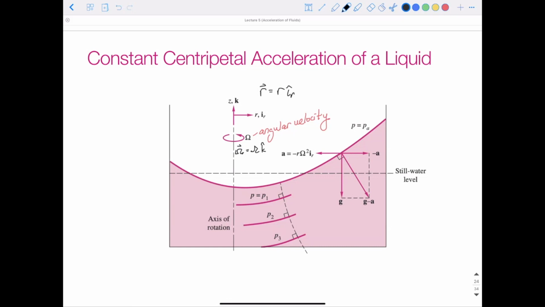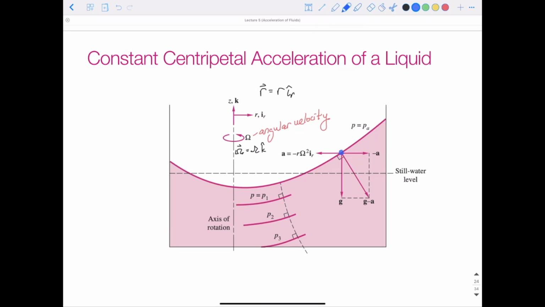So at any point on our fluid, we'll have an acceleration term, which is going to equal negative r times omega squared. If we think back to our definitions in dynamics, this would be the radial component of our acceleration, or our centripetal acceleration.